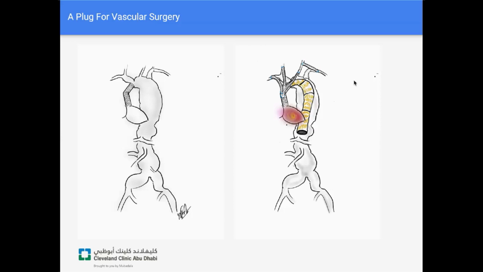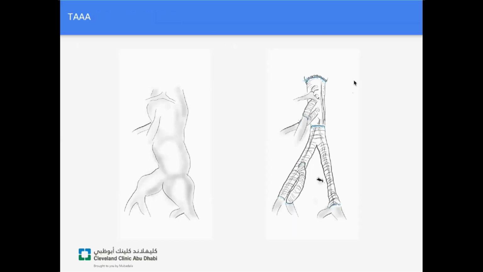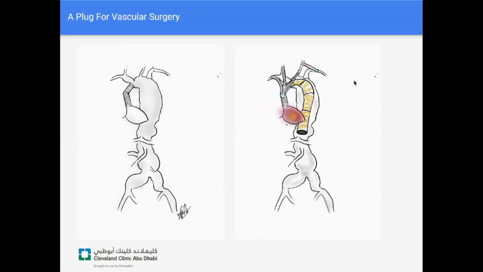The stage 2 of this repair is a hybrid revascularization of what is now formerly a type 2 thoracoabdominal aneurysm and is now a type 4 thoracoabdominal aneurysm. Kind of a little bit off topic, but because it did involve cerebral vascular vessels, I did include it in this talk.